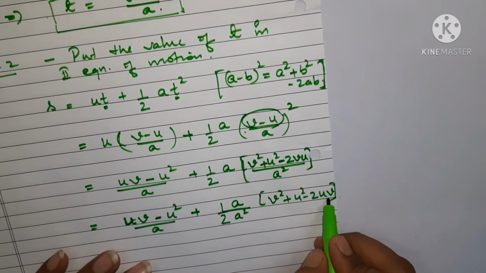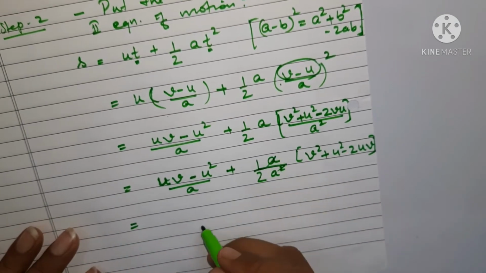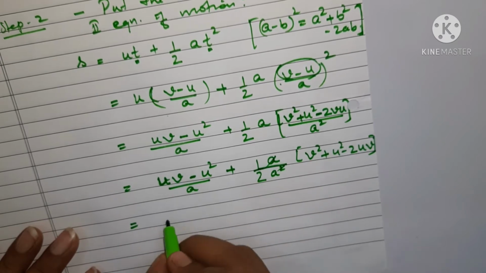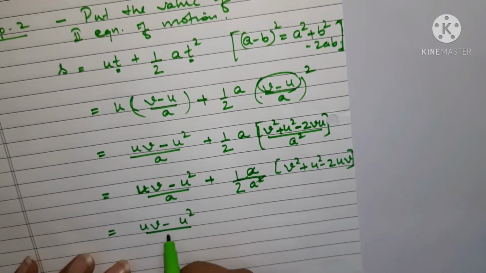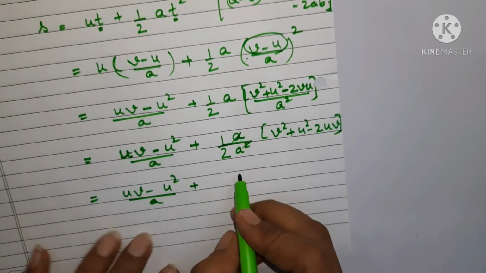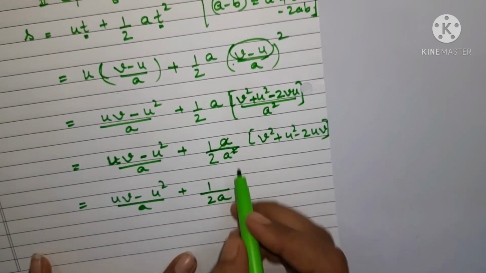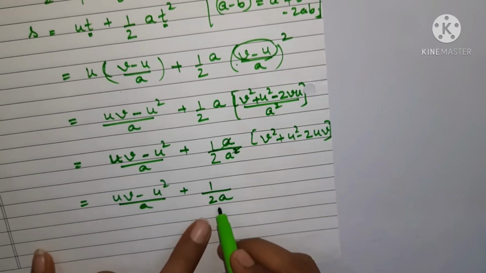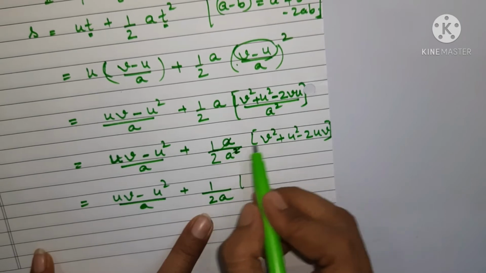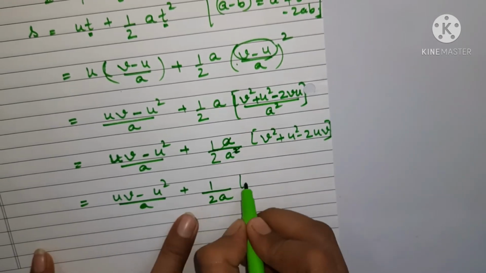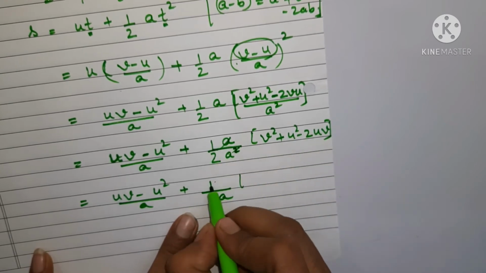We can write vu or uv anyway. Now you see, one a cancels out because here we had a square. We are remaining with uv minus u square upon a plus 1 upon 2a. Let us open the bracket. I will write it directly, because 1 is there, so 1 multiplied with this, you will get what?